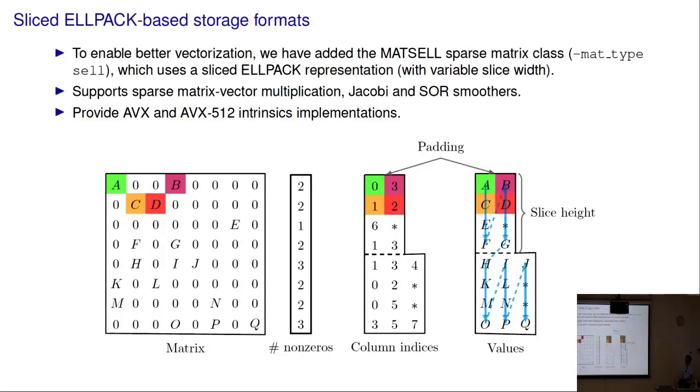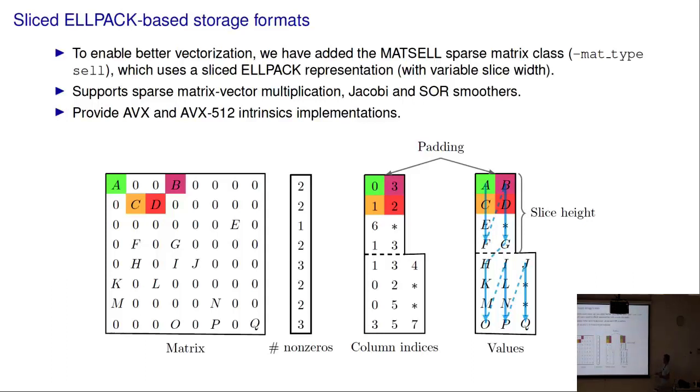So to enable better vectorization, we, and principally Dr. Hong Zhang, the Hong Zhang who couldn't make it here, added a new matrix class to PETSc. It's a sliced ELLPACK format. It's not as versatile as AIJ.